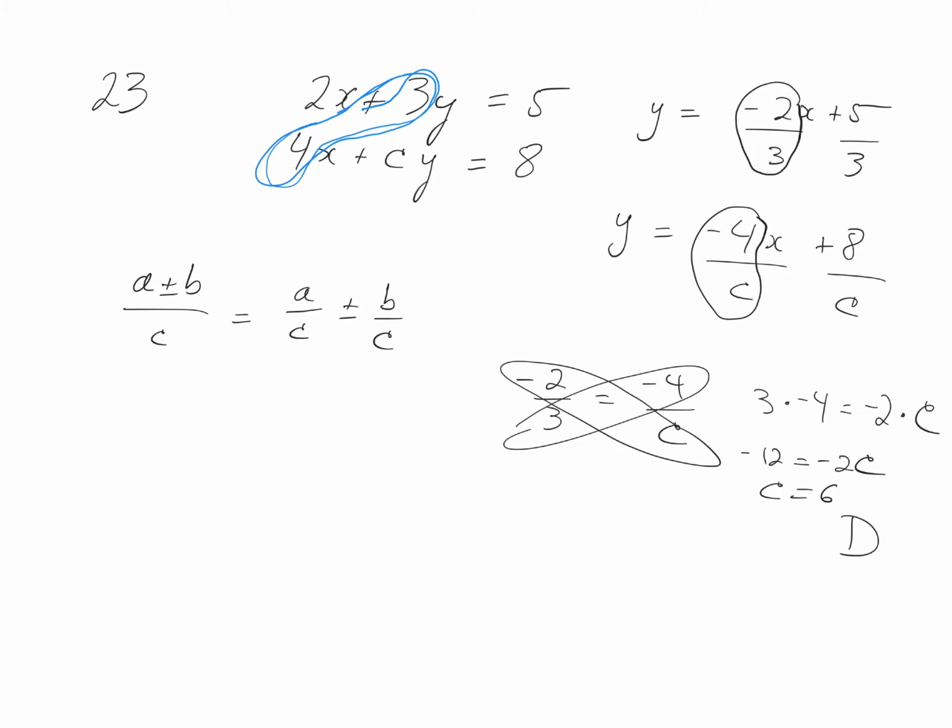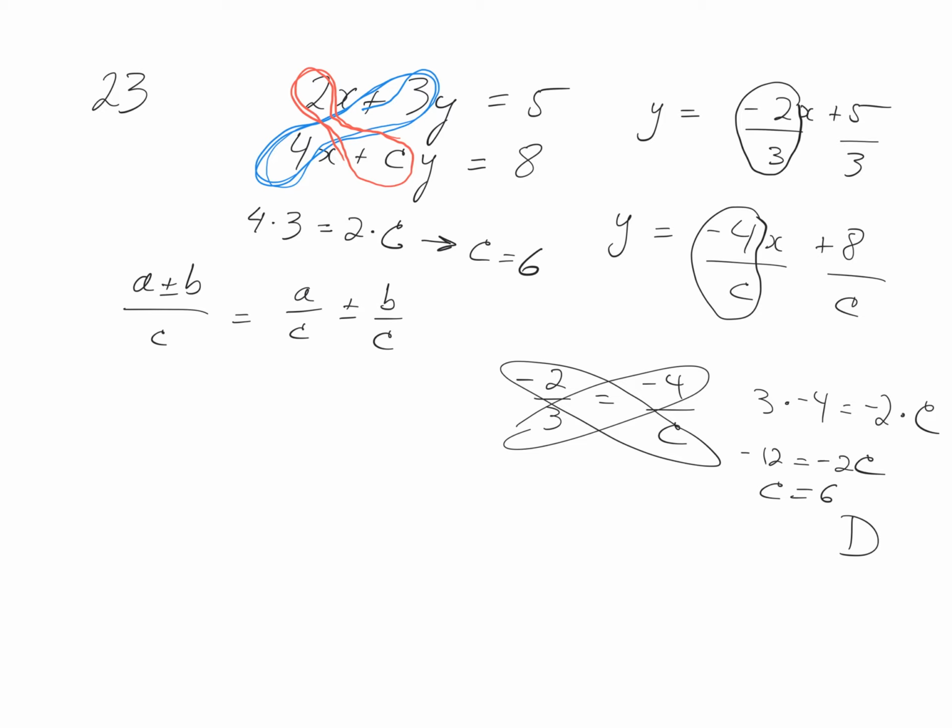You include the sign. And then you take these numbers in front of the x and the y, and you simply cross multiply. So you get 4 times 3 equals 2 times c. And you can immediately see that c has to equal 6.